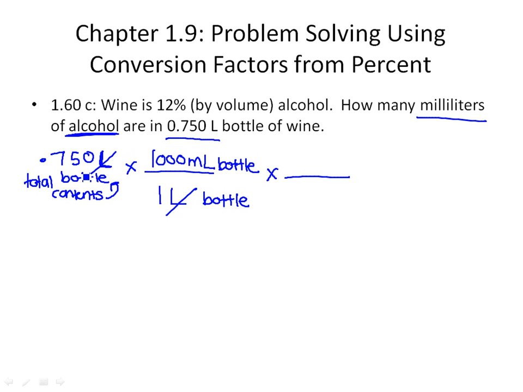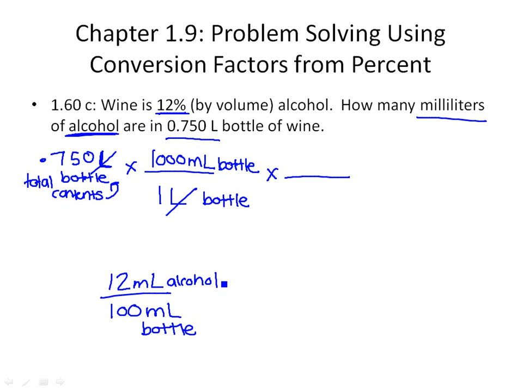Now we have the milliliters of all of the contents of the bottle, but we want to know how much of it is just alcohol. So we look at this as having 12 milliliters of alcohol per 100 milliliters of the total contents of the bottle.